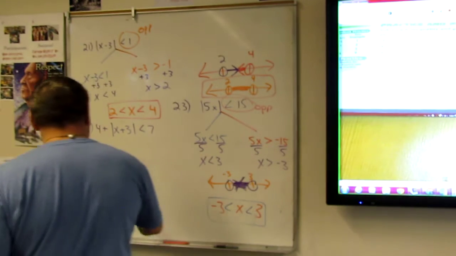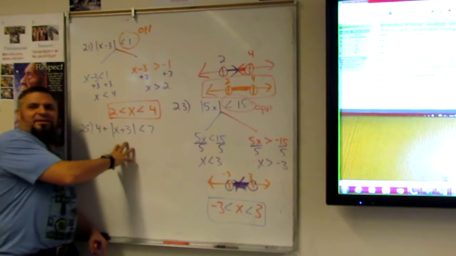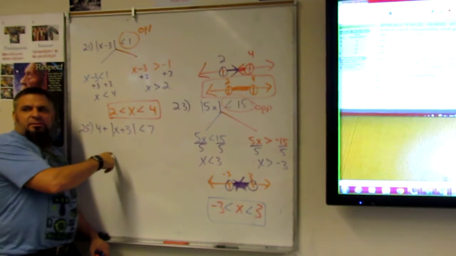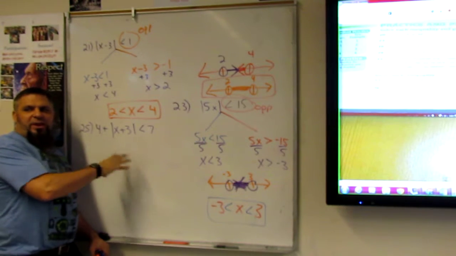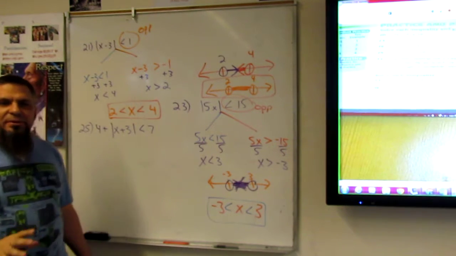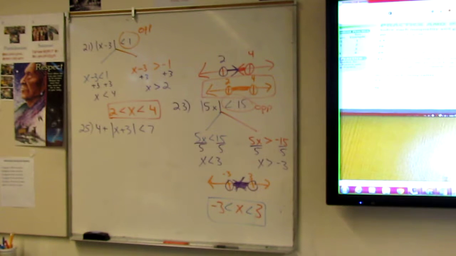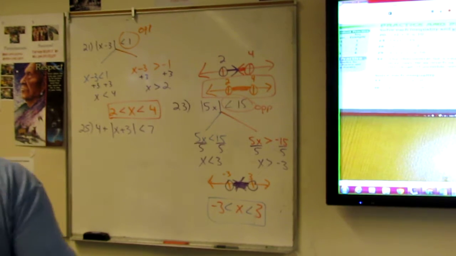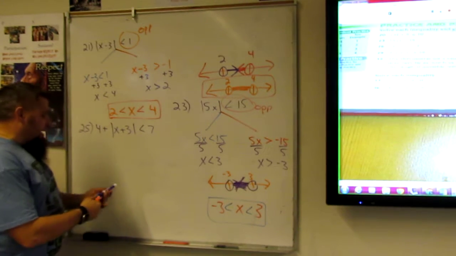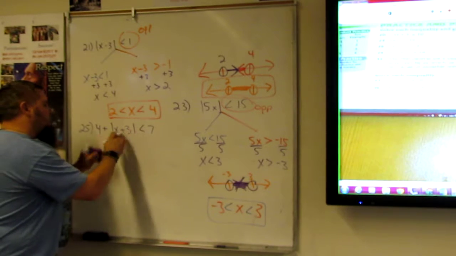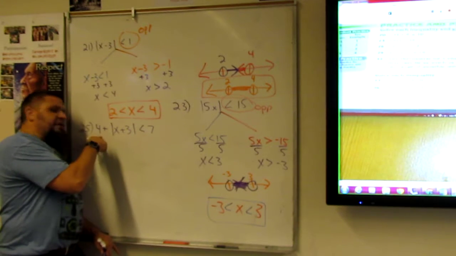Alright, next. What do we have to do to this one before we can split it up? We have to get those absolute values by themselves. We can't split it up until the absolute values are by themselves. So the absolute value bars have to be totally by themselves, so I have to get this away from it.